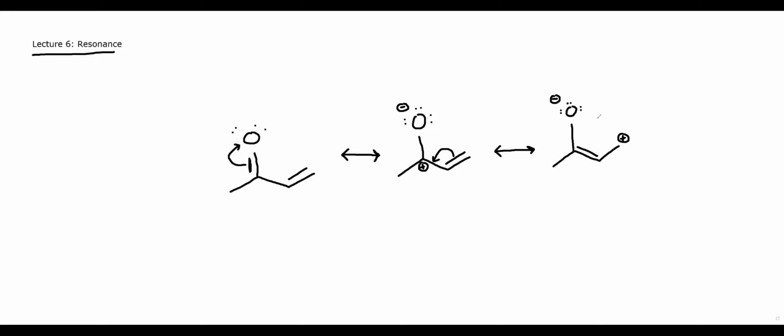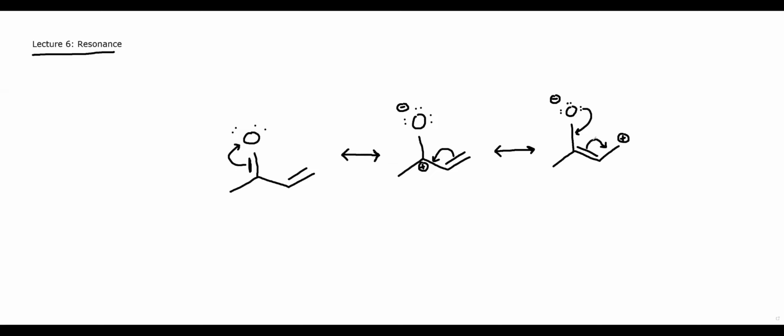If we wanted to draw arrows getting us all the way back to the first structure, we can take a lone pair on oxygen, come down here and make a double bond. That would give this carbon 10 electrons. So it bumps out these delocalized electrons, says there's no more room here. Move on down.